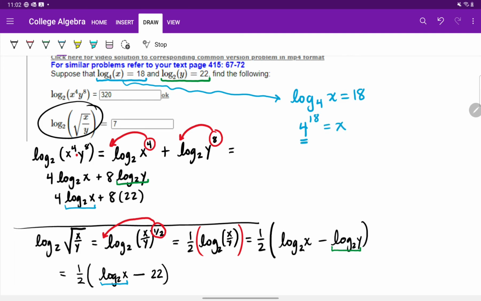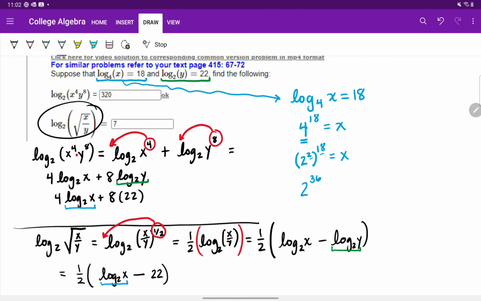Well, we don't want to have 4 as a base. What we really need is to have 2 as a base. So let's rewrite this 4 as 2 squared. We can do that, right? 4 is just equal to 2 squared. So if I rewrite this as 2 squared to the 18th, then I can see that 2 to the power of 2 to the power of 18 would just be 2 to the 36.